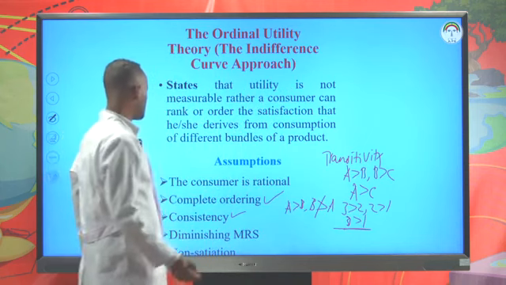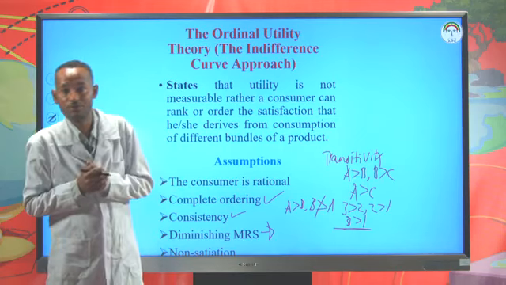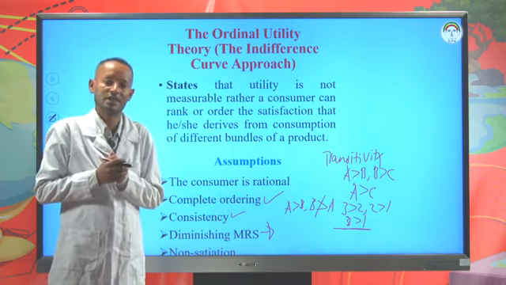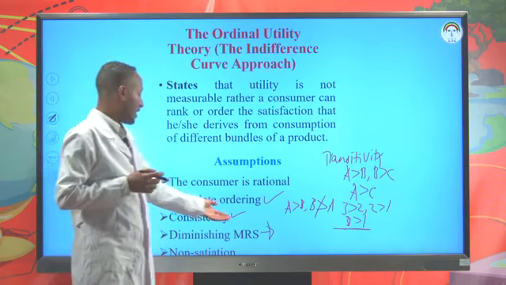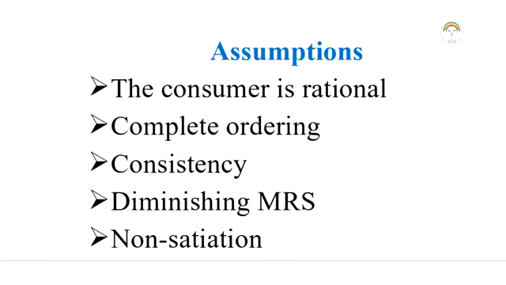Another assumption is diminishing marginal rate of substitution, which means the principle of diminishing marginal rate of substitution is in operation. This principle tells us the rate at which one commodity is substituted on the same indifference curve will always decline.